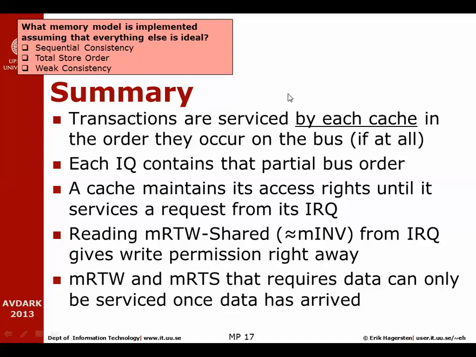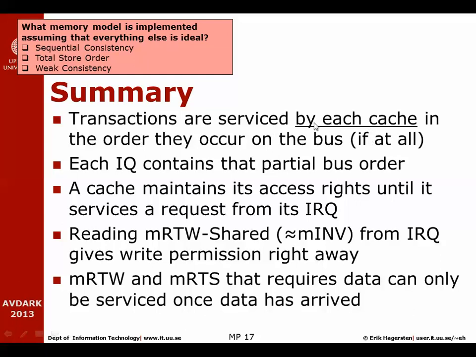So my question here is, assuming this crazy out of order reply queue, where address transactions happen in order but data replies happen out of order, what kind of memory model can we really assume? Sequential consistency, total store order, or weak consistency? And it's actually sequential consistency because transactions are serviced in exactly the order they occur on the bus.